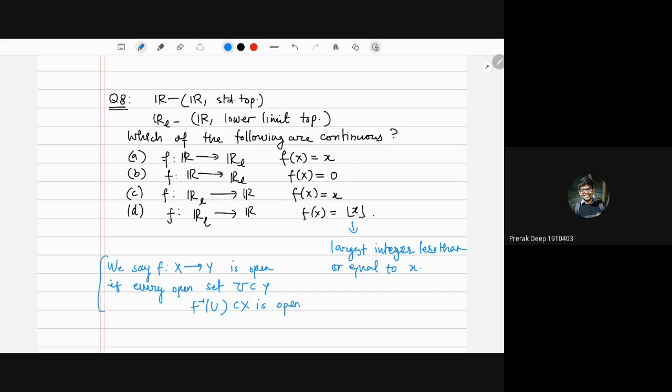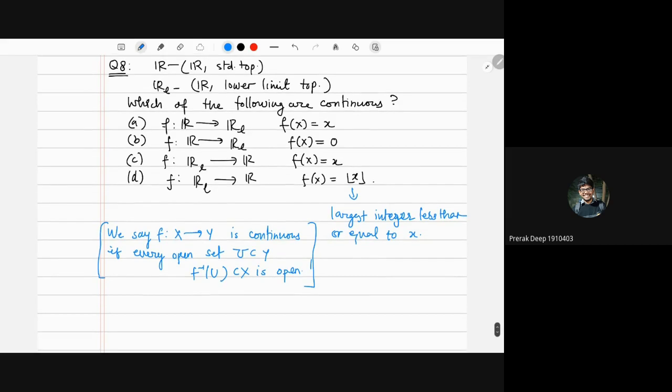Okay, so we say such a function to be continuous, my bad, if this condition is true. Okay, that's all we need to check.